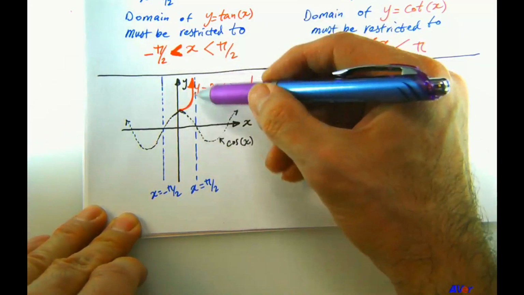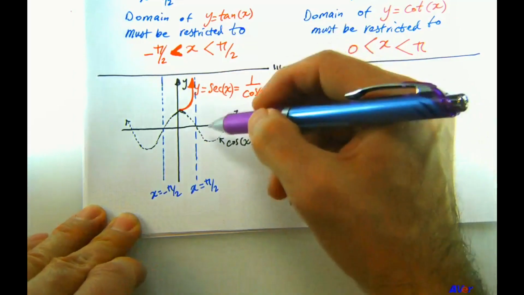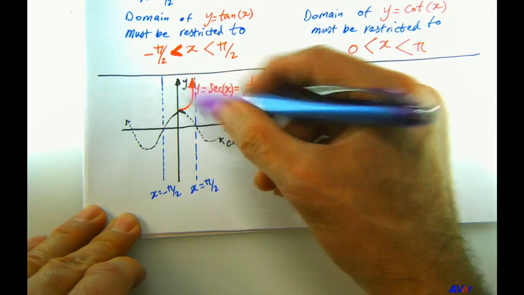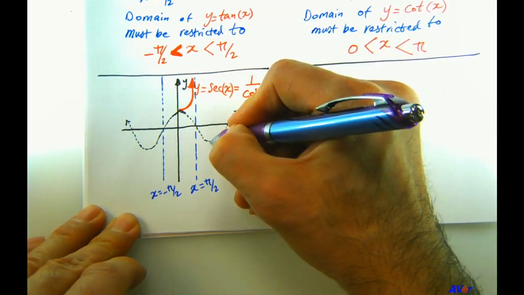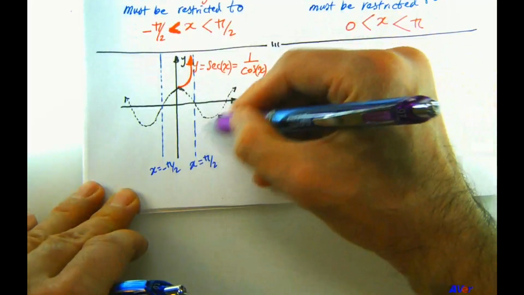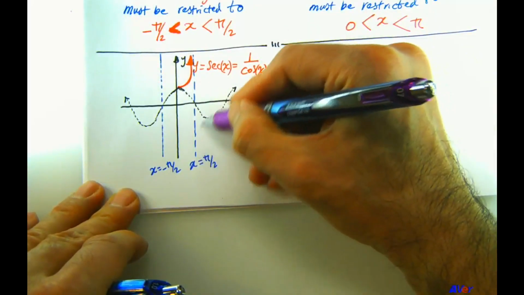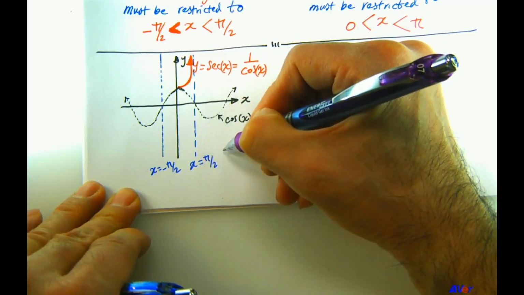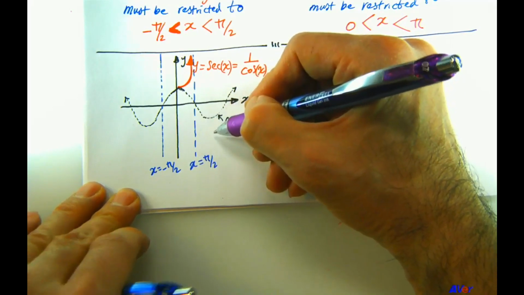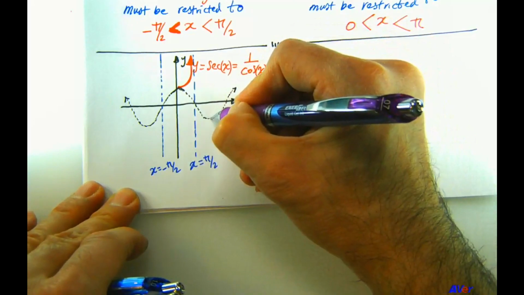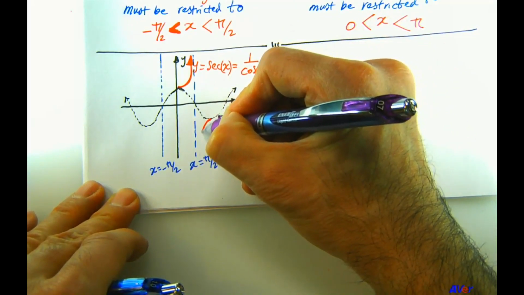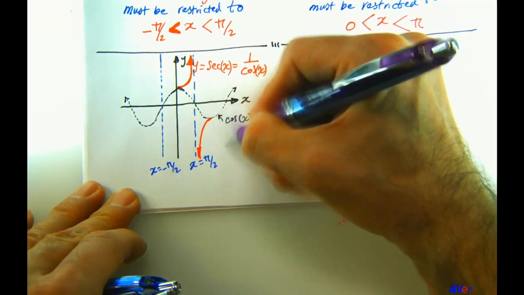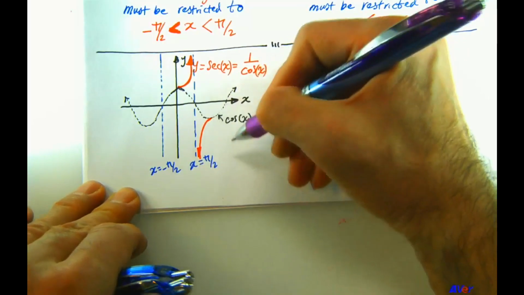So that's one piece of it, but I need the other piece. I cannot complete this side, so let me do it on this side. The second piece would be like this, coming from negative infinity and curving like that. But again, I cannot complete the full curve for the secant function, because if I do, it'll fail the horizontal line test. So I'm going to do a partial drawing of that, and I didn't draw the other piece of this arm that will curve back.